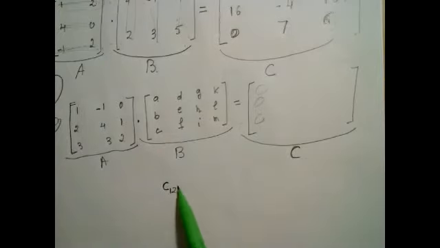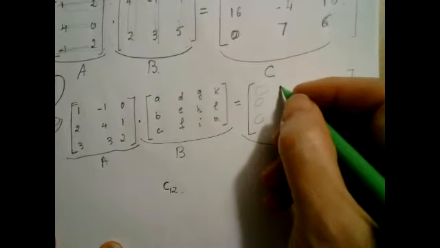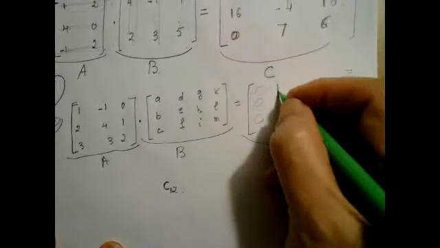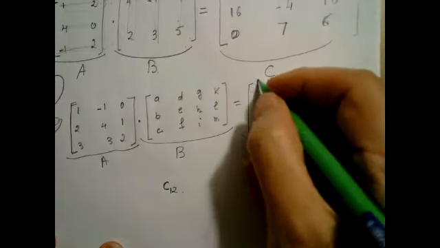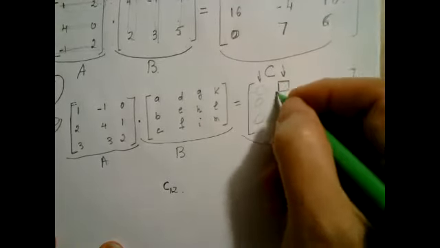So how can I get C1,2? If anybody figured it out, just let me know and I can write it down for you. I want the one in the first row, the second column.